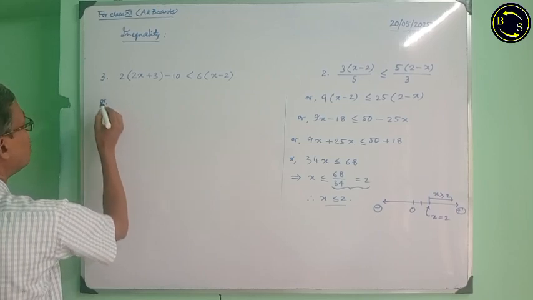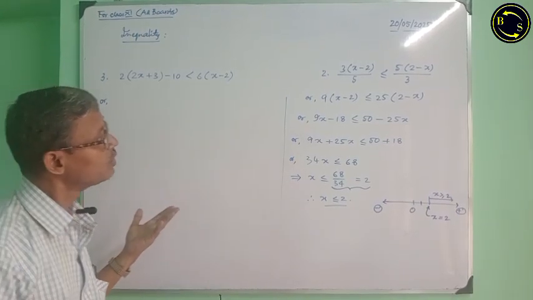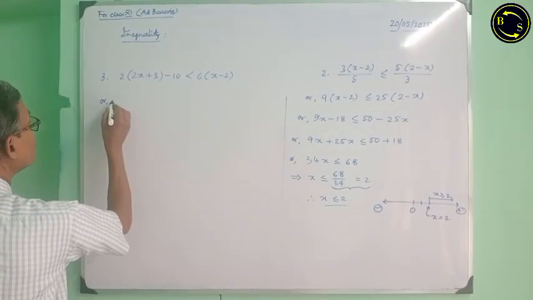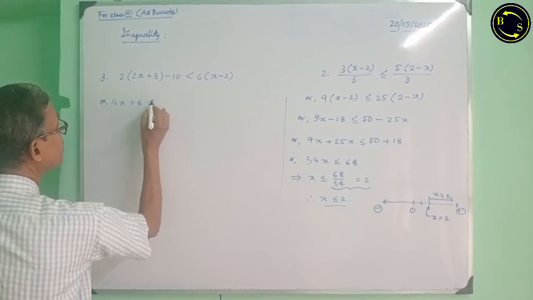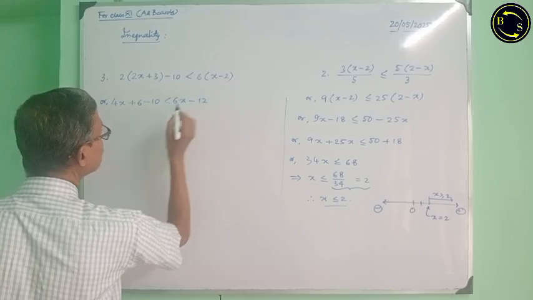The first part is the same as in the case of equations: 4x plus 6 minus 10 less than 6x minus 12.